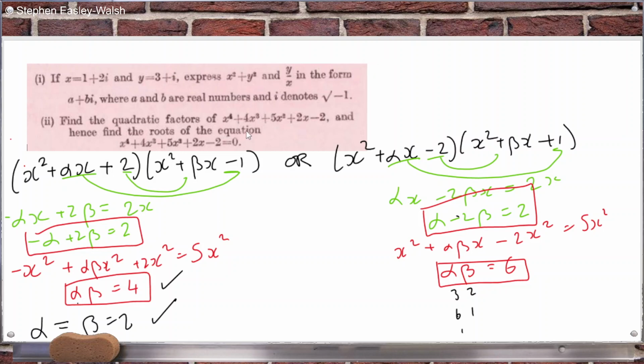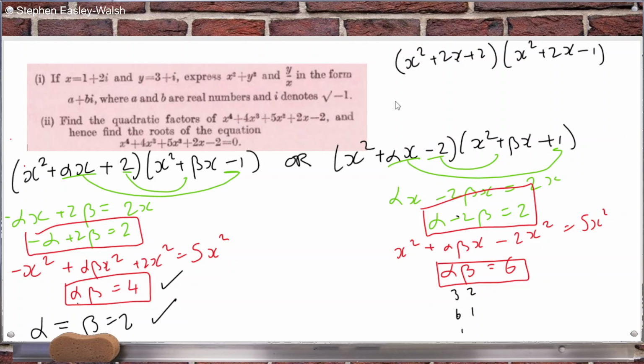So the factorization would be x squared plus 2x plus 2 times x squared plus 2x minus 1. And then we have to solve it.